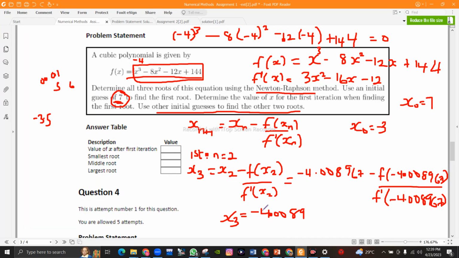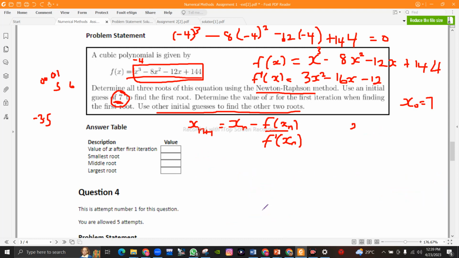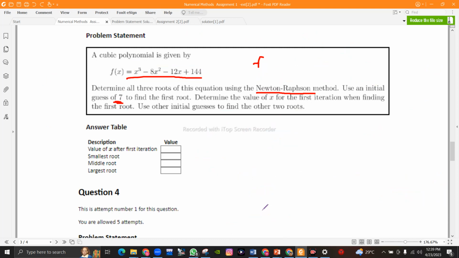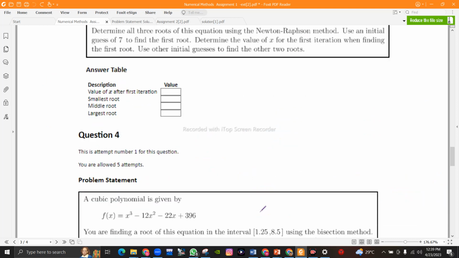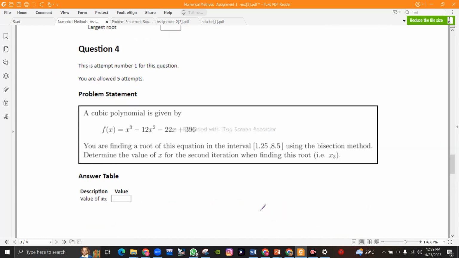Let's move on to the next question. Problem 4. We are given a cubic equation again.